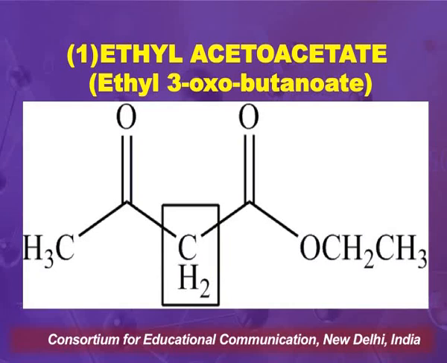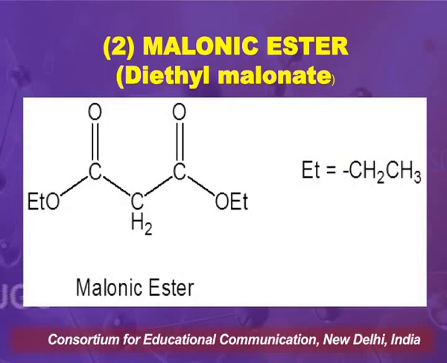And at the third carbon, we have a ketonic group. So this compound is known as ethyl 3-oxobutanoate. In this, CH2 is a reactive methylene group because it is sandwiched between one ester group, which is an electron withdrawing group, and the second electron withdrawing group here is the aceto group.